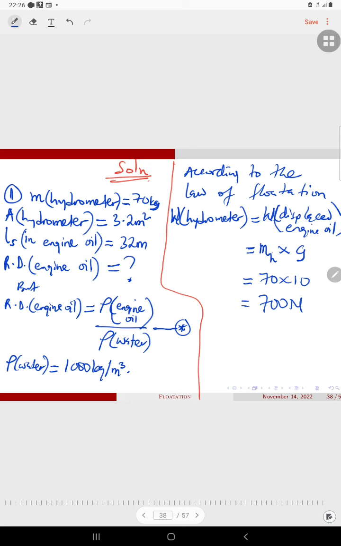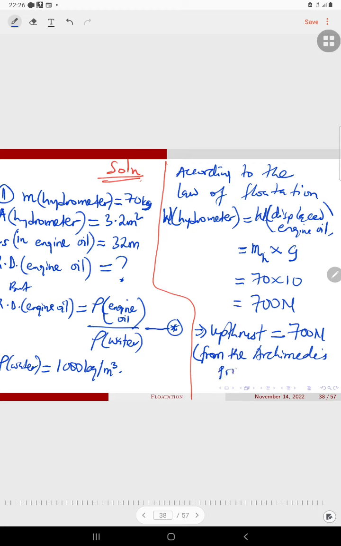So what does it mean? This implies that the upthrust is also equal to 700 newtons. And how do we know this? From the Archimedes principle.